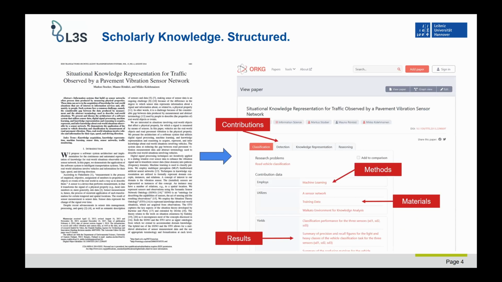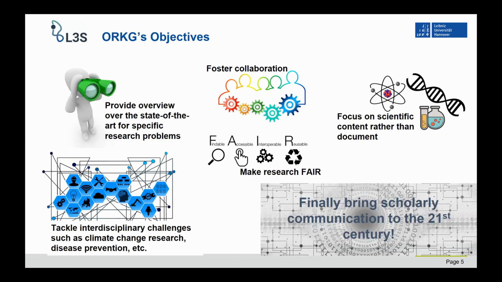On this slide, basically, you see a juxtaposed view of scholarly communication. On the left side of the screen, you see a traditional research article. On the right side of the screen, you see a structured representation of the contribution of that article in the Open Research Knowledge Graph. So we have several objectives with this project.